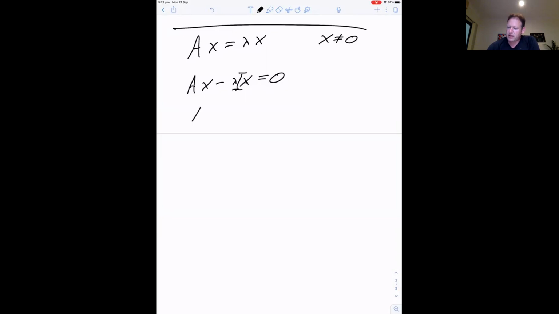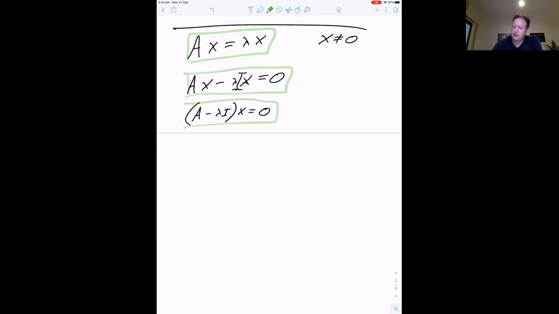And when you do that, then you get A minus lambda I times the vector x equals 0. So lambda is an eigenvalue if and only if this holds, meaning that there exists some x, and that's if and only if this holds, and that's if and only if this holds. So all of these are the same equation, okay?